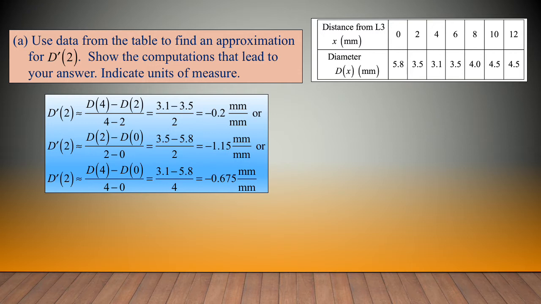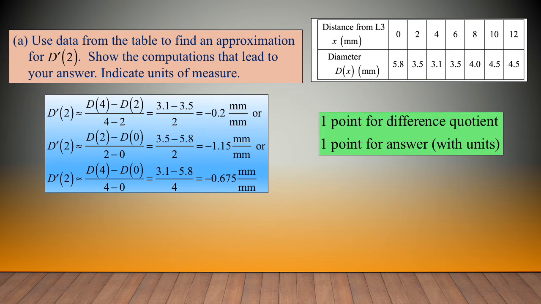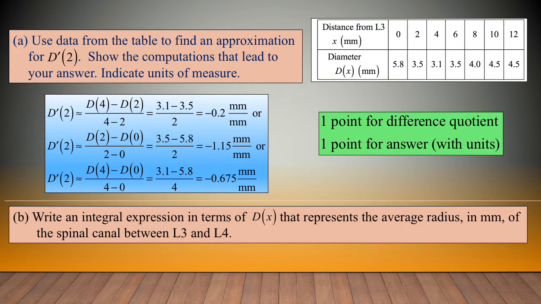Or d prime of 2 is approximately equal to d of 4 minus d of 0 over 4 minus 0, which is 3.1 minus 5.8 over 4, which is negative 0.675 millimeters per millimeter. 2 points for this problem, 1 point for one of the difference quotients, and 1 point for the correct answer with correct units.